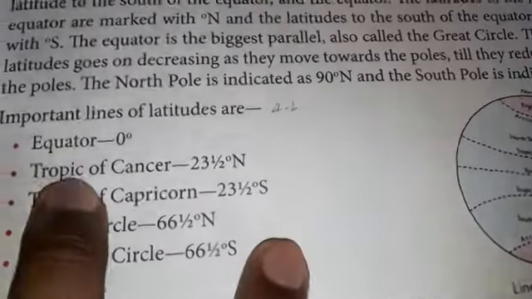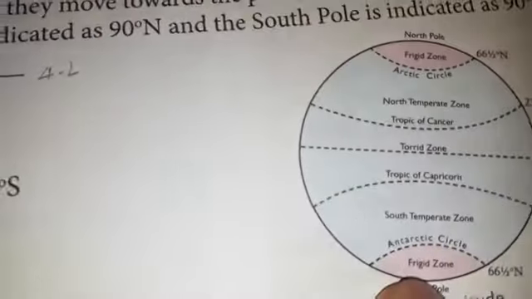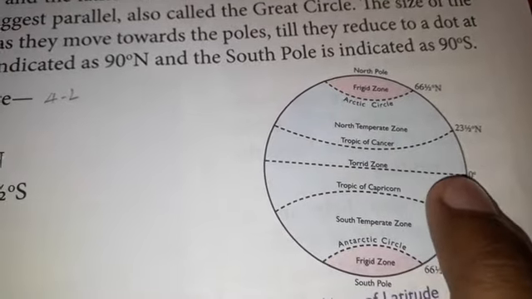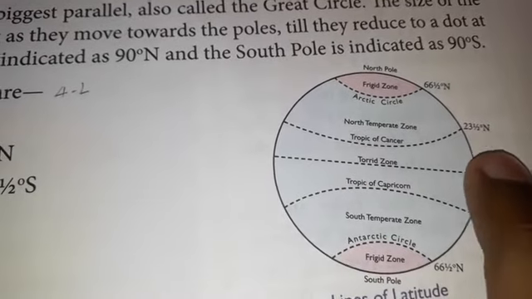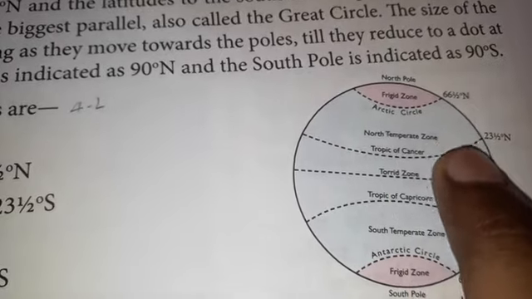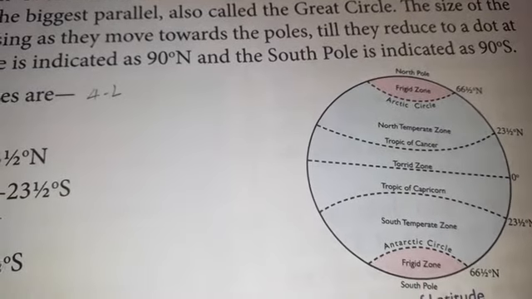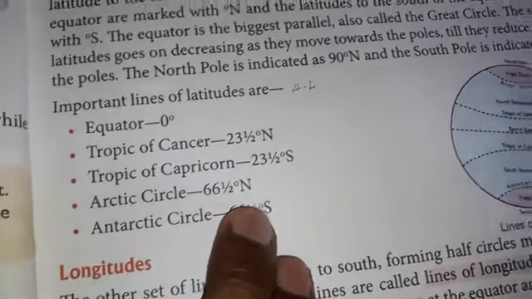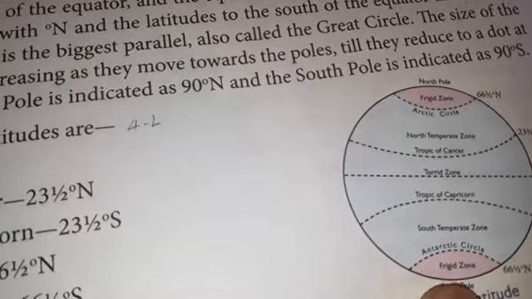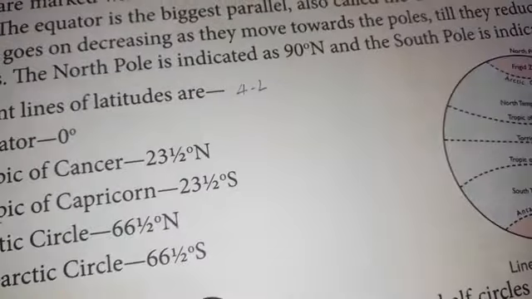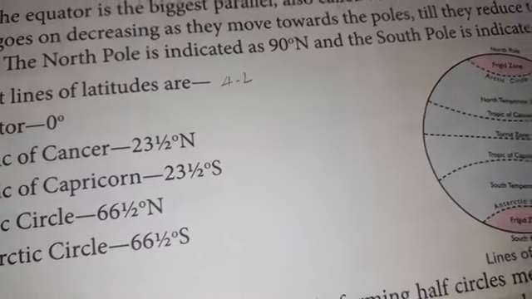Once again I repeat, 0° equator, Tropic of Cancer 23 1/2° north and Tropic of Capricorn 23 1/2° south. The Arctic Circle is 66 1/2° north, and the Antarctic Circle is 66 1/2° south.